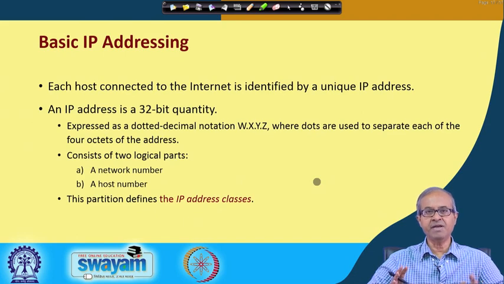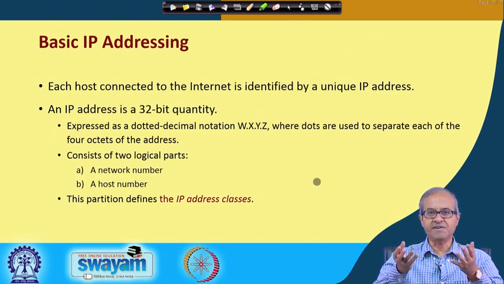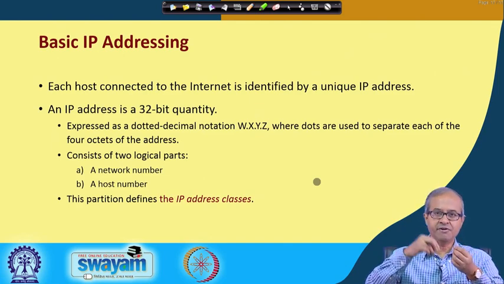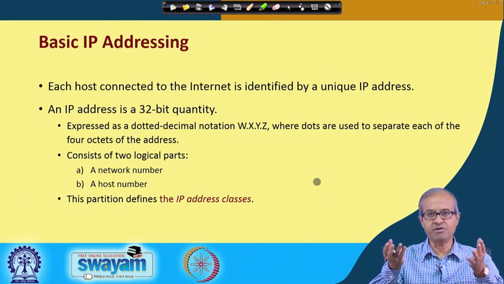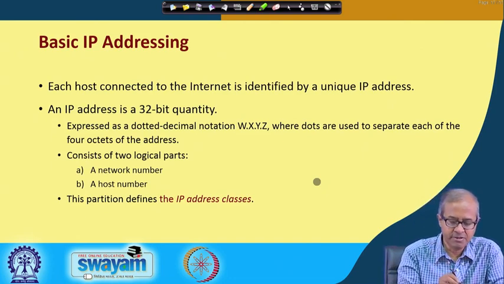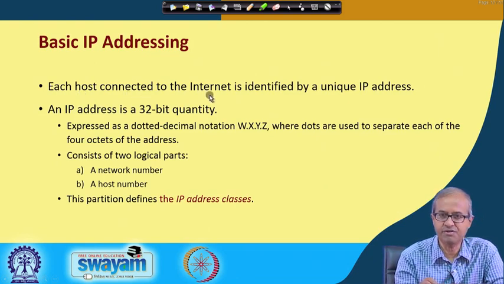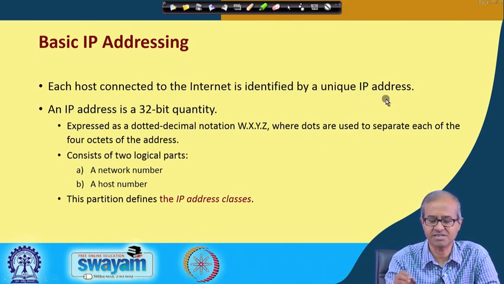At the level of IP, we assign an address to every computer or host, and that address is supposed to be unique, because if it is not unique, and you are sending a packet to some other computer and there are multiple computers with the same IP address, there will be confusion. The routers will not know where to forward, and therefore this uniqueness in address is very important. So, each host connected to the internet has to be identified by a unique IP address.